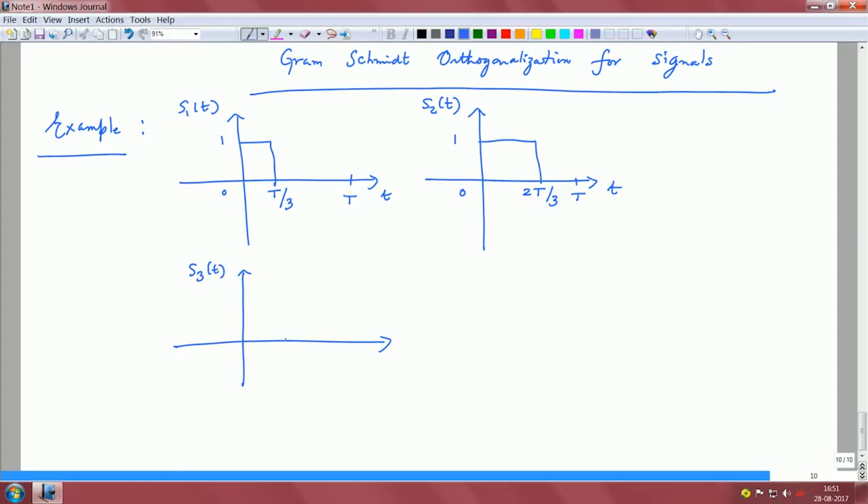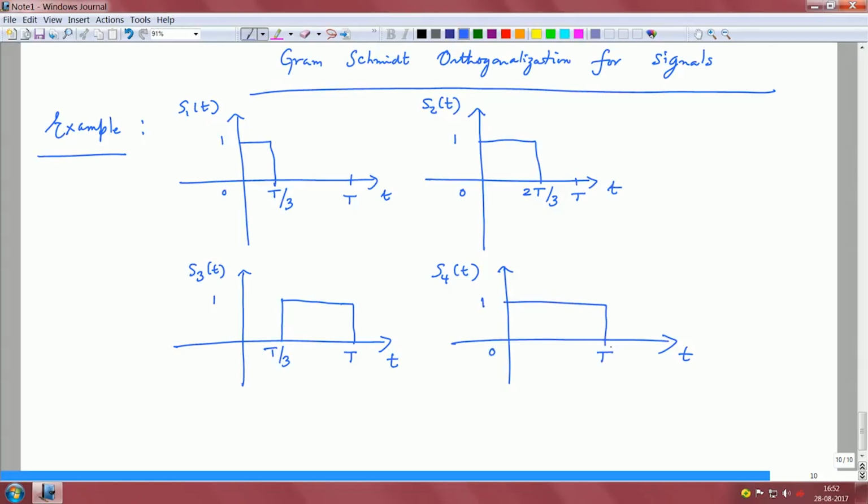S3 of t is 1 between capital T by 3 to capital T, so many units of time, and we have S4 of t which is 1 for capital T units of time.